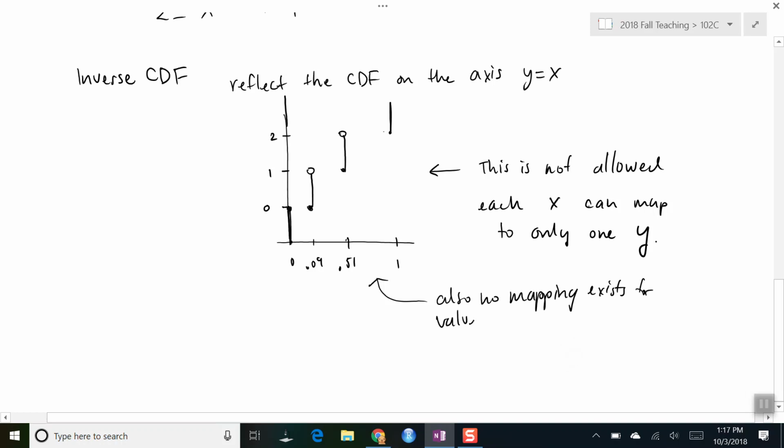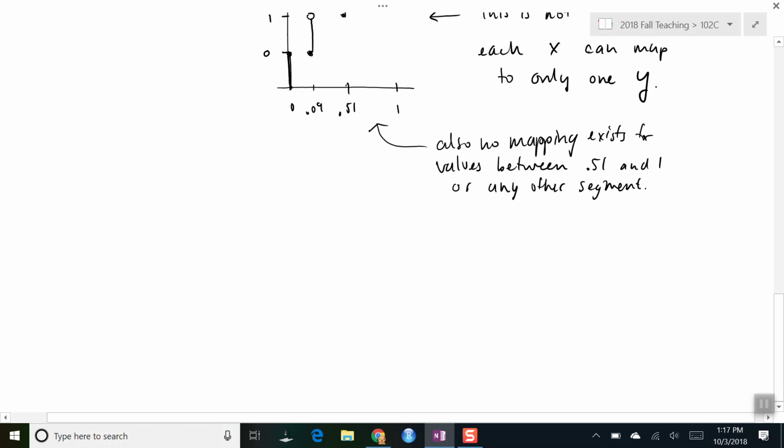In fact, we have no mappings for anything in between, or between 0.51 and 1, or any other segment.